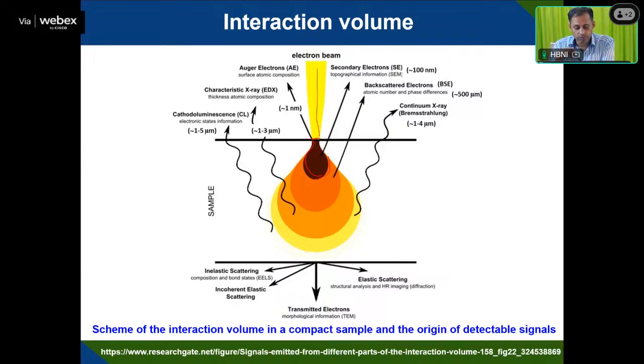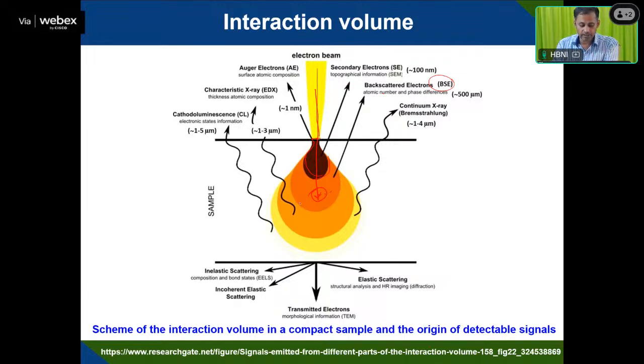Beyond that, the backscatter electron goes a little deeper, interacts with the material, then comes out. Between secondary and backscatter electrons, for chemical information like elemental analysis, we mostly use the backscatter electron, because it comes from inside the material after interacting.